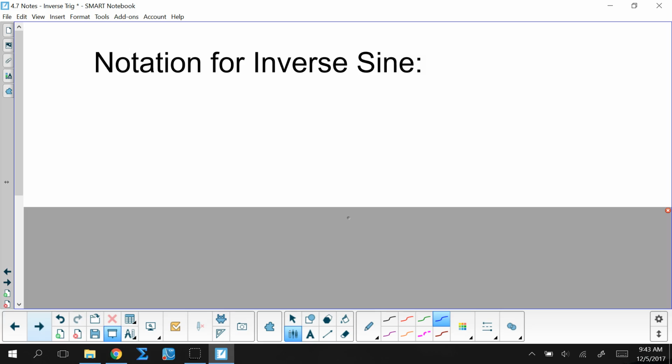So, notation for the inverse sine. There are two of them. The first one is y equals that one, which we've seen. We just graphed it. The other one means the exact same thing.